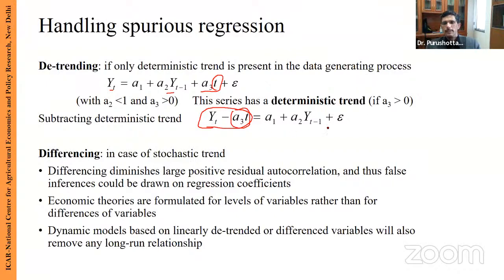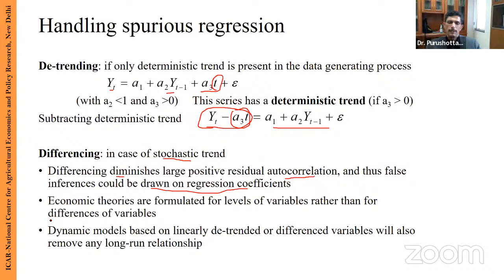Then it will be a stochastic series. In differencing, if there is a stochastic trend, differencing diminishes the large positive residual autocorrelation, and thus false inferences on the regression coefficients can be eliminated.